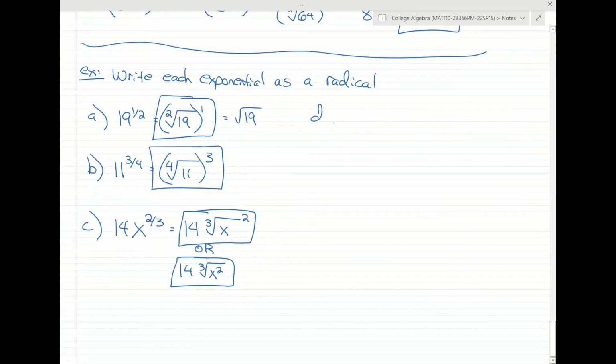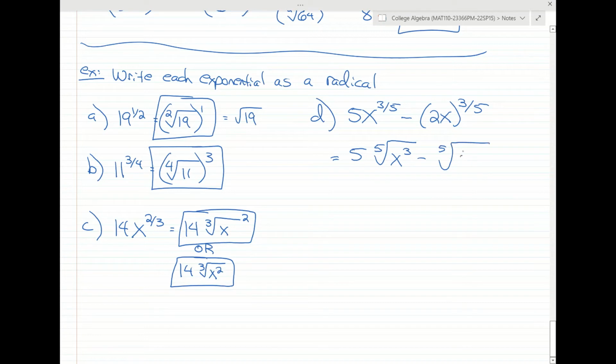Similarly, if you had 5 times x to the 3/5 minus 2x in parentheses to the 3/5, this just means 5 times the 5th root of x to the 3rd minus the 5th root of 2x to the 3rd. We're just getting practice using the different properties of radicals.